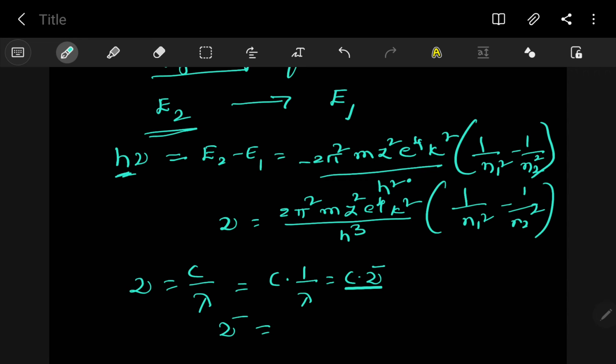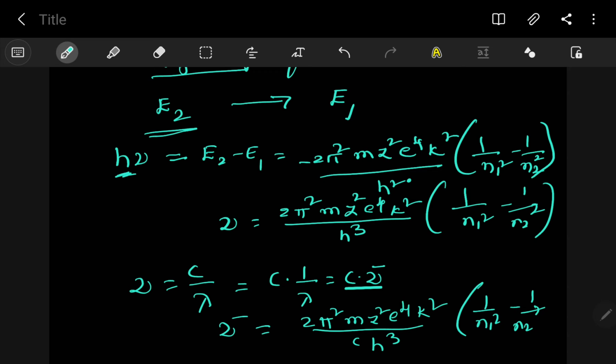So nu bar is equal to the same formula, 2 pi square m z square e to the power of 4 k square by c into h cube into 1 by n1 square minus 1 by n2 square.